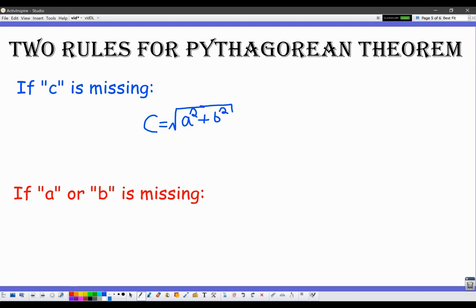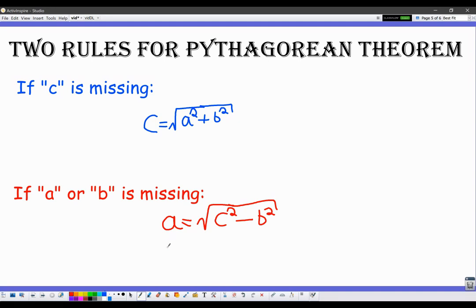Now, if A or B is missing, let's say that A is missing. So I want to know how to find the value of A. If I rewrite my Pythagorean theorem a little bit, I end up getting the square root of C squared minus B squared.